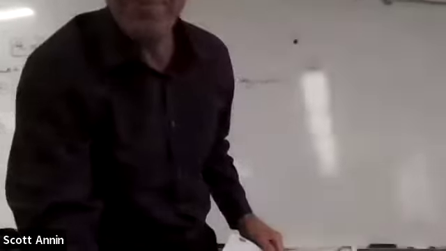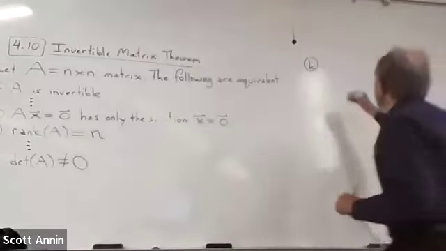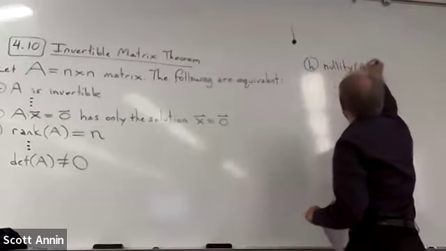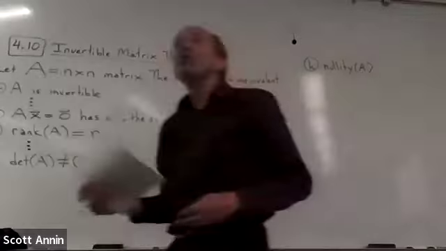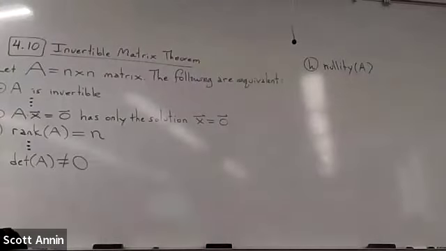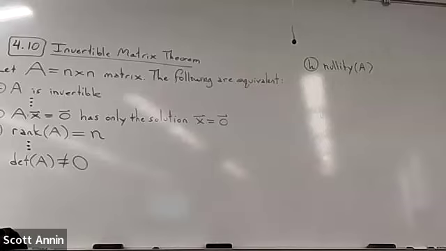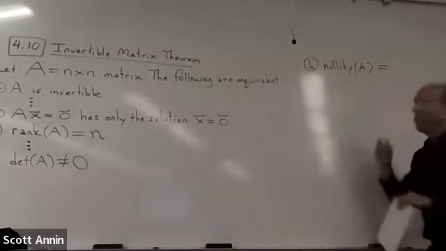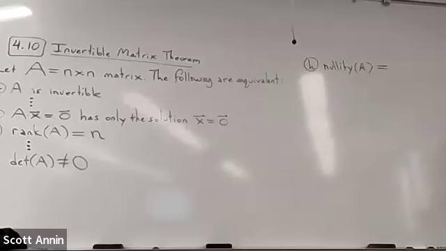Start with something that's not too bad. Item H is going to be about the nullity of an invertible matrix. Let's just remember the nullity is the dimension of the null space, and so it's however many free variables you have. Does anybody have a guess as to what the nullity of an invertible matrix would be?